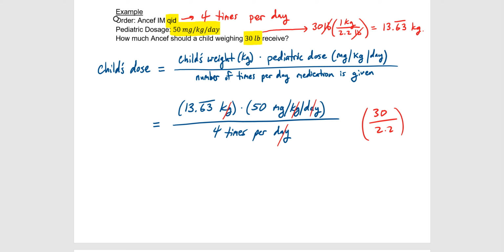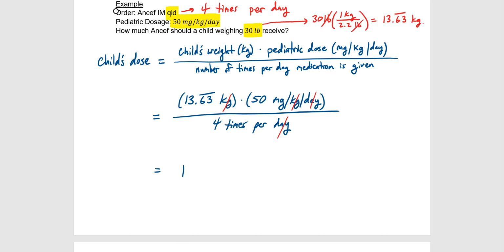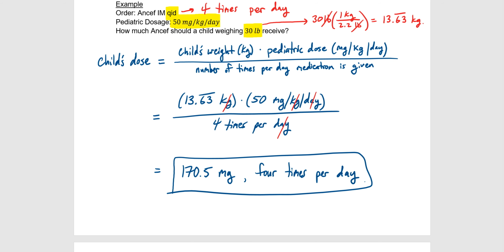The other way you can do this is that when you divide 30 by 2.2 and you get the 13.63 repeating, keep that number in your calculator, don't clear it, and then you can just multiply that by 50 and then divide it by 4. So those are two ways to get around that repeating number. And to calculate this, you multiply the numerator and then divide by 4, and we end up getting 170.5 milligrams 4 times per day.